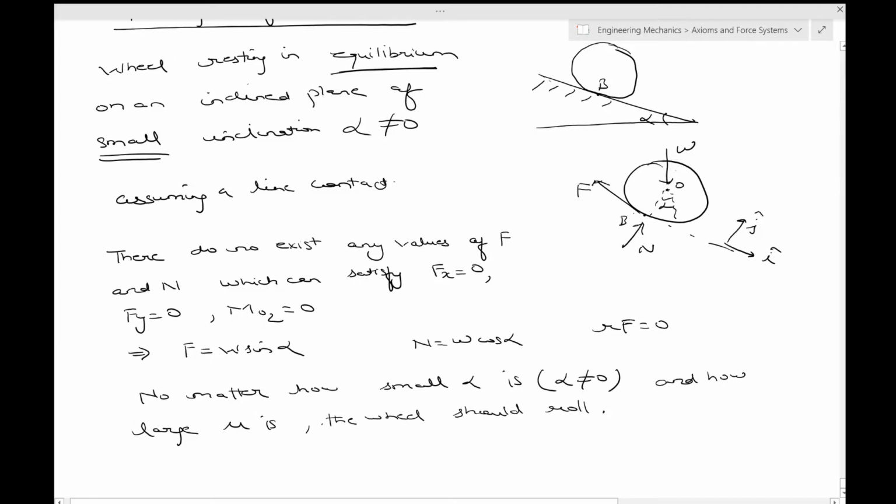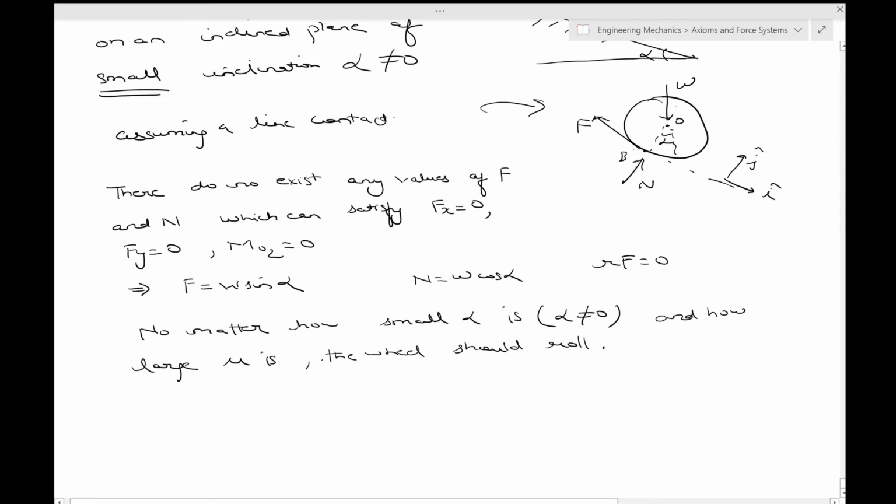Okay, so the wheel resting in equilibrium on an inclined plane of small inclination alpha not equal to 0. So if you assume a line contact, this is a free body diagram which you would get, and we can say that there do not exist any value of f and n which can satisfy fx is equal to 0, fy is equal to 0, and moz is equal to 0. Just because unless this alpha is exactly equal to 0, only then you can have fx and fy equal to 0. Okay, so that's the problem over here.